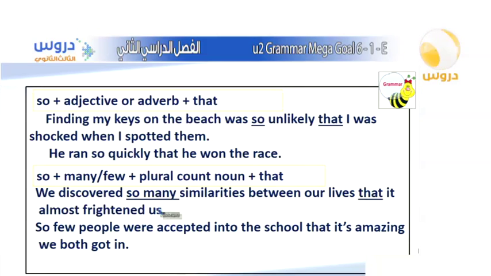This is plural. So we used many. We can use few. So few people were accepted into the school that it's amazing we both got in. Here we used few instead of many, and here we have people.